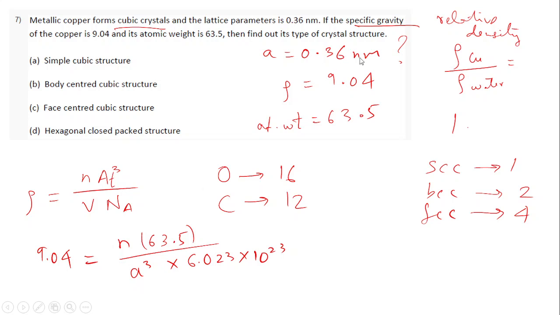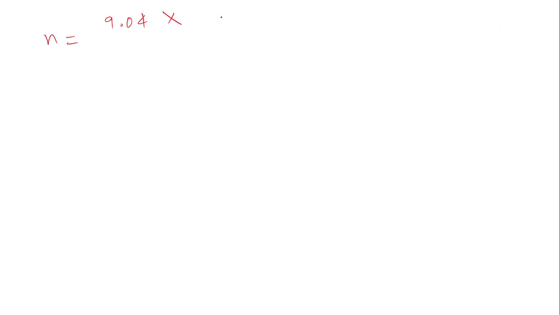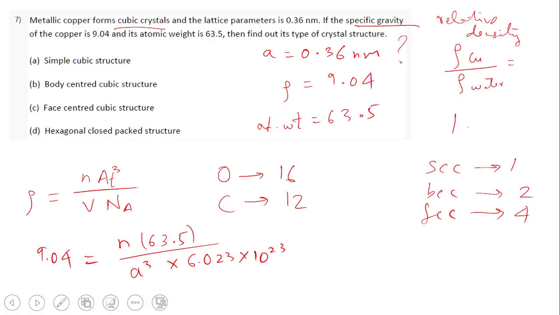A is 0.36 nanometer, which means (0.36 times 10 to the power minus 9) to the power 3, multiplied by Avogadro number, which is 6.023 into 10 to the power 23. One thing: here we know atomic weight is in gram per mole. This is how we always give atomic weight.